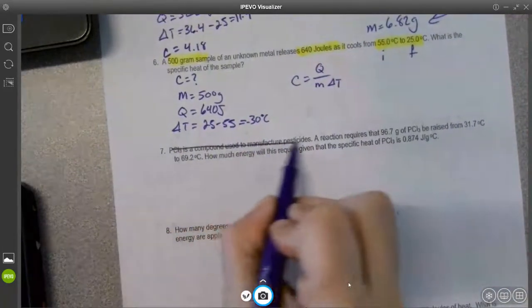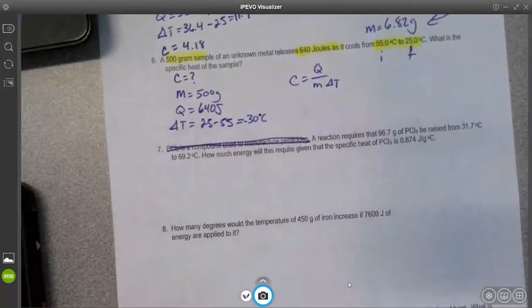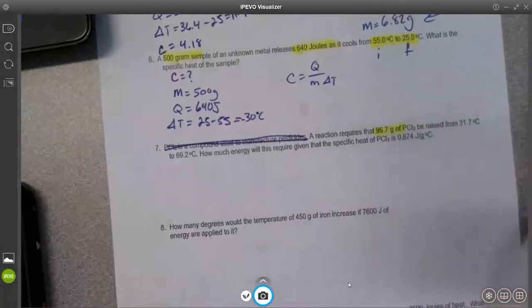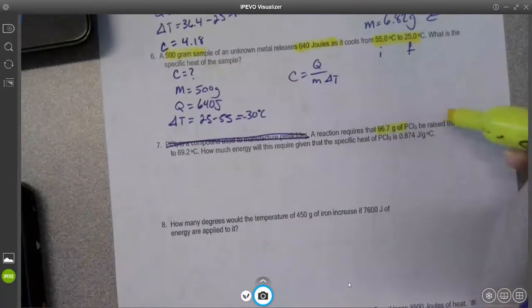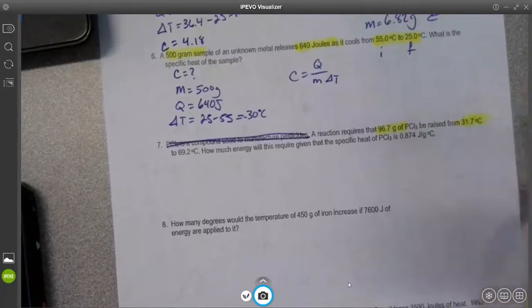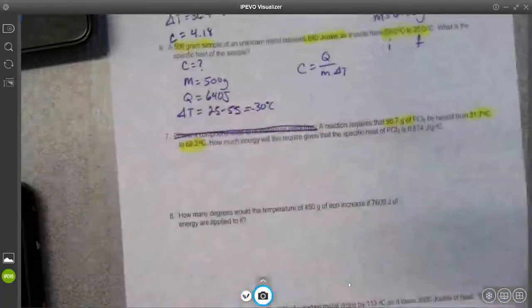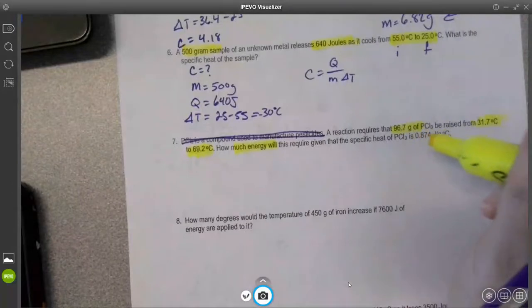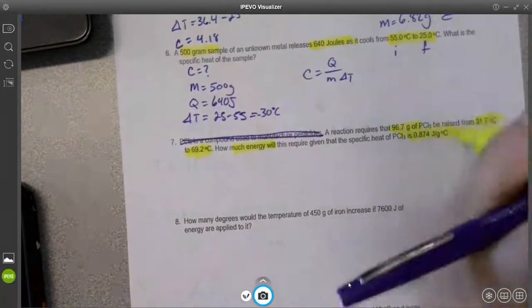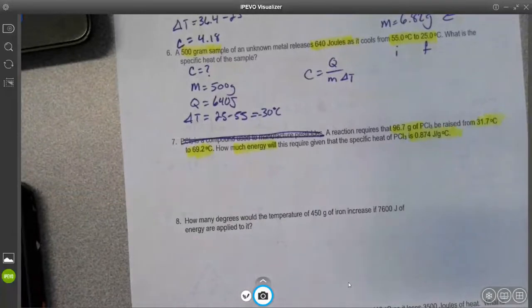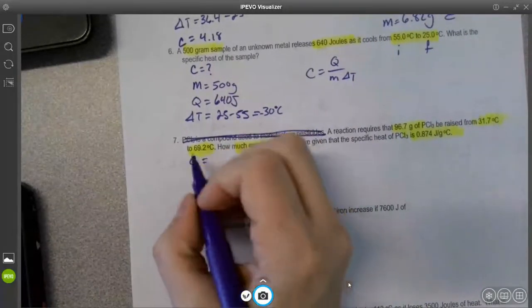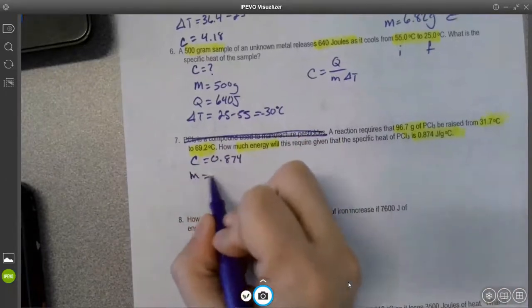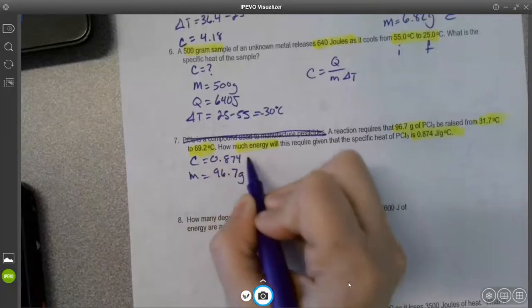Number 7, I can tell you the first sentence is not necessary, it's just wordy. A reaction requires 96.7 grams of phosphorus trichloride to be raised from 31.7 to 69.2. How much energy will this require given that the specific heat is this value right here? Again, they give you C, so that's 0.874. They give you a mass of 96.7.